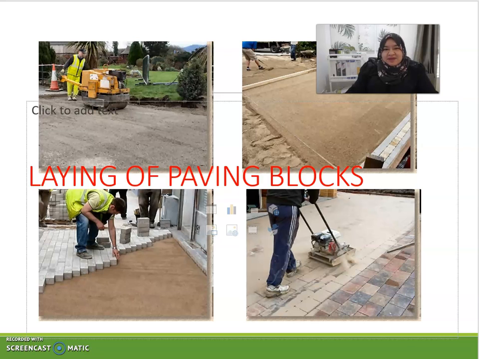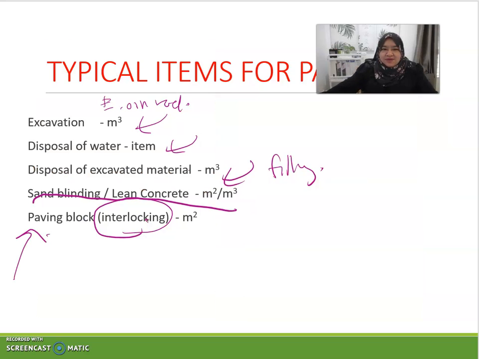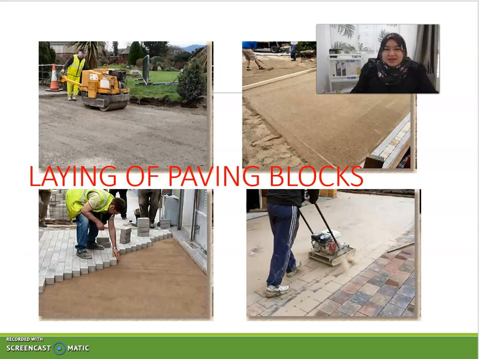This is an example of laying the paving block. Normally they will do the excavation first, then excavate and compact the subgrade using machineries, lay the blinding as a base, and then the interlocking tiles or interlocking bricks. Lastly they put the filling in between the interlocking tiles or bricks.